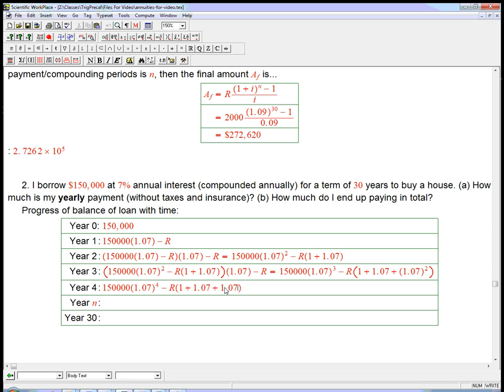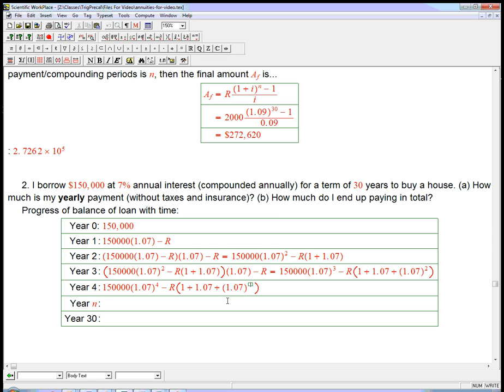Notice even though these are pluses, it's all being subtracted. And this is an amount we want to be small because this is what we owe. The stuff we paid 2 years ago, we haven't had to pay interest on that for 2 years. And the stuff we paid 3 years ago, we haven't had to pay interest on that for 3 years. So that's really another explanation why we get this funky series after R.